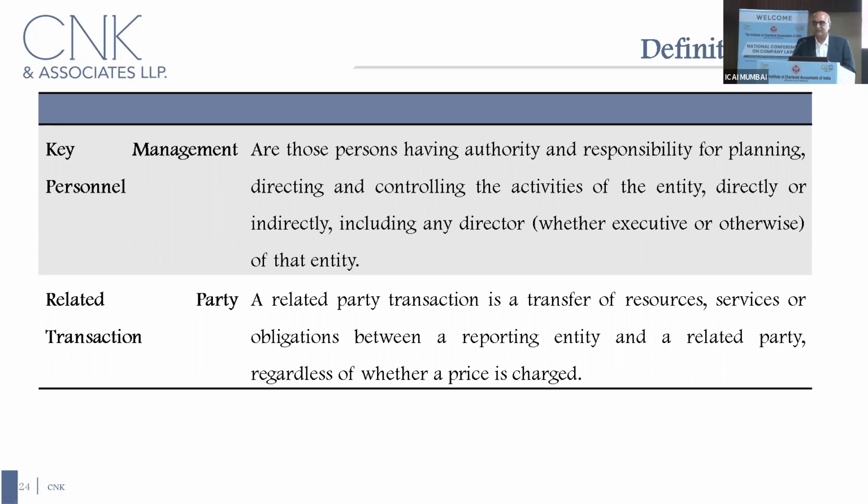So independent directors are also covered in the list of KMPs, though you clearly write that they are independent directors. Most companies now give the list of independent directors also in the list of related parties. And a CFO and a company secretary automatically become KMP because of this definition of IND AS 24.